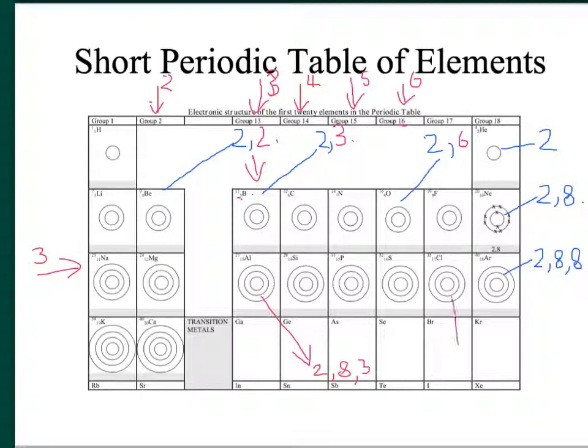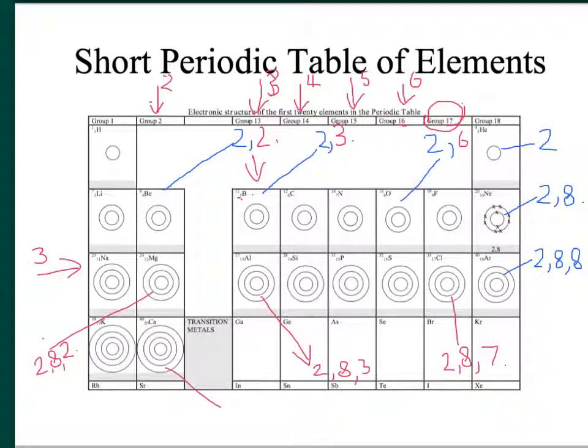If we take chlorine, chlorine is in the 3rd row, so it's 2, 8, and the last ones are in the outer shell there. That's in group 17, so the last number is 7, and that's 2, 8, 7. Magnesium is also in the 3rd period, so it's 2, 8, and then it's 2. Can you work out why it's 2?